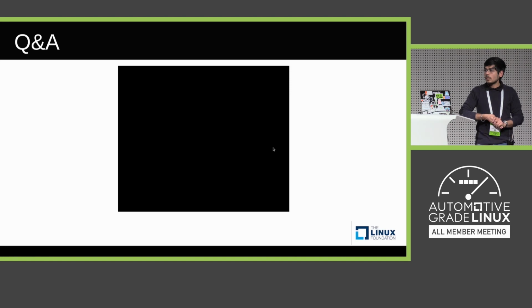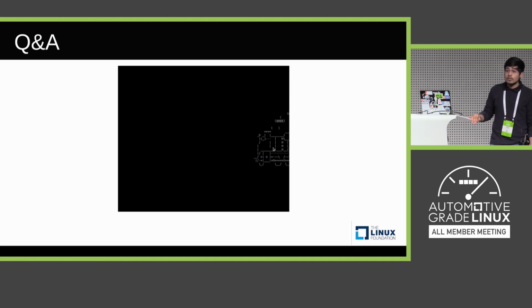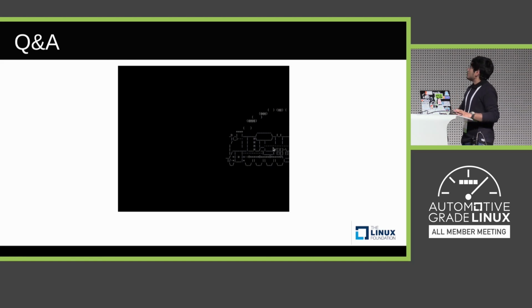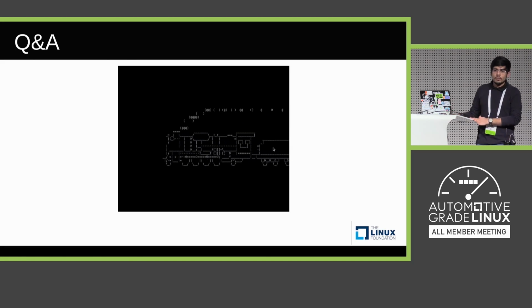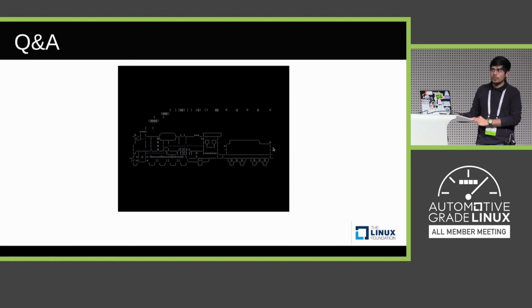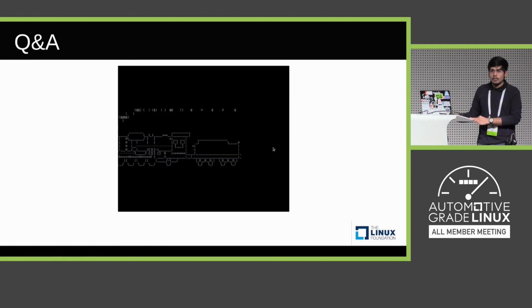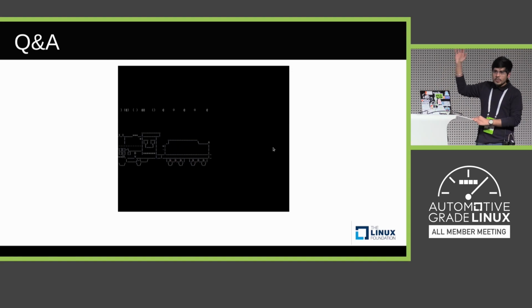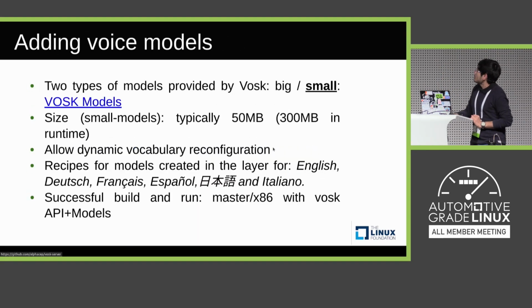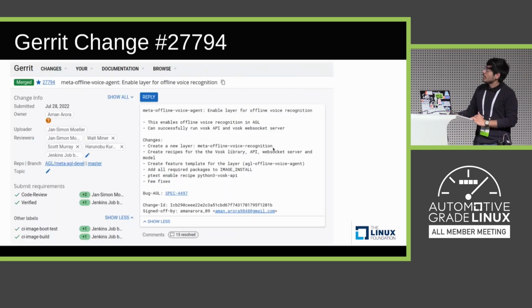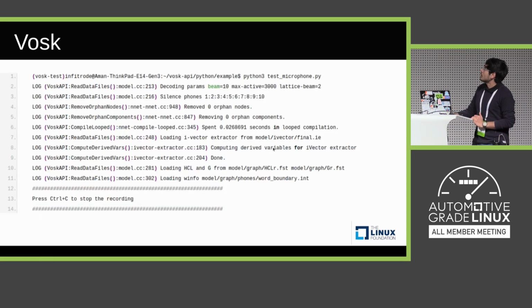Oh, is that all? Okay. Link to the project. It's basically present in git.automotivelinux.org. If you go into meta-agl-devel, it's there. The layer is present there. I will also include a link and upload it on the website.